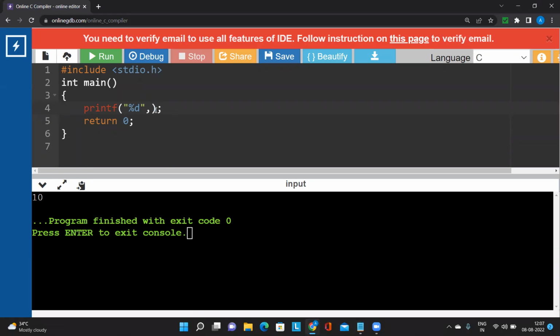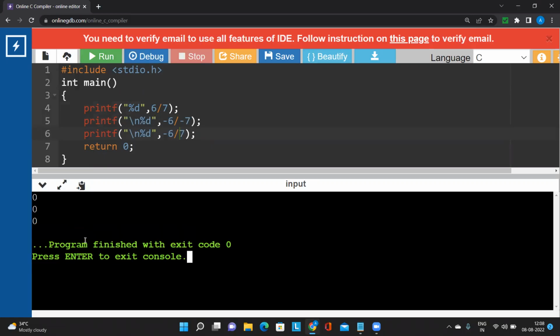So let us try this out. I'm going to say 6 divided by 7 for my first one. Then I'm going to say minus 6 divided by minus 7 for my second expression. And for my third expression, I'm saying minus 6 divided by 7. Now let me run this.